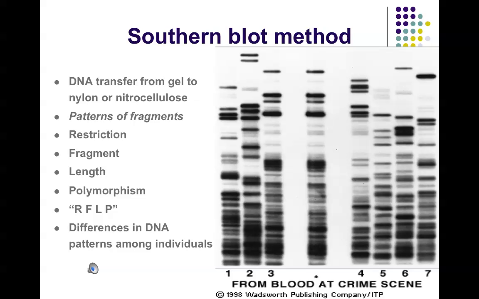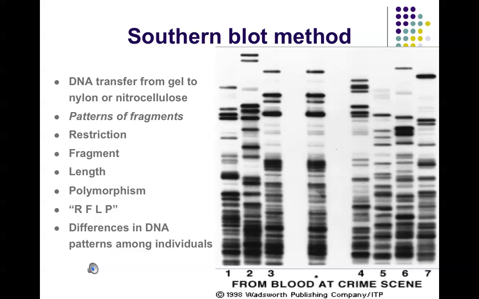Now, the pattern of fragments, that unique barcode that shows up, that is very unique to most individuals, is called a restriction fragment length polymorphism, meaning we have different sizes of fragments for each individual. Close relatives have similar, pretty closely matched patterns, but usually we think of our RFLP or DNA fingerprint as being fairly unique.